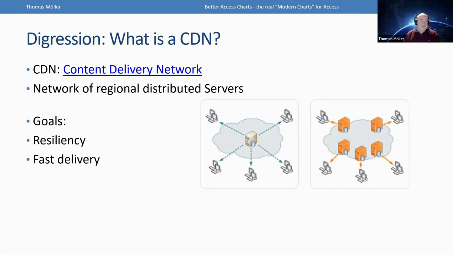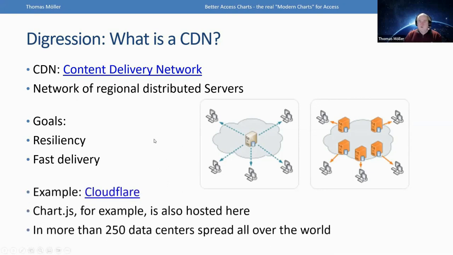When we deal with the JavaScript files, we can't measure it, but when we deal with media information like videos or images, you will feel the difference. A real example is Cloudflare.